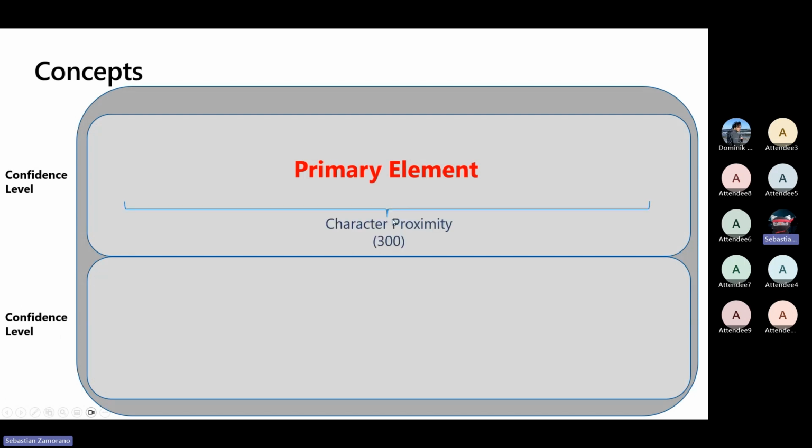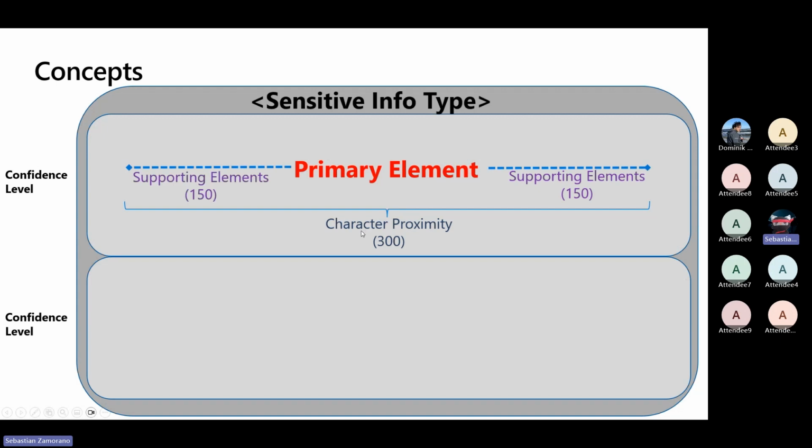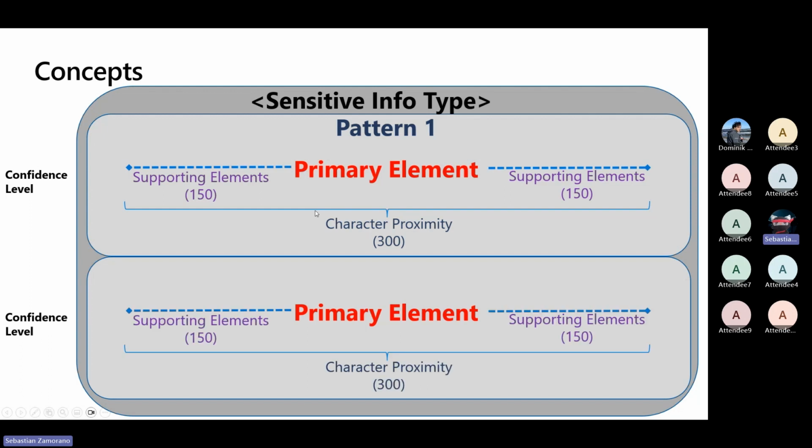The first thing that we always need to have in mind is what primary element, character proximity, supporting elements, and the confidence level mean. In general, when we set a sensitive information type, we need to define a primary element and, in some cases, some supporting elements in a character proximity or window proximity.